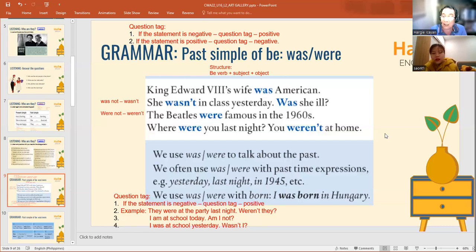Since we are talking to each other, I have to use a question tag. They were enjoying the party so much. So how am I going to say that in a question tag? Weren't they, right?